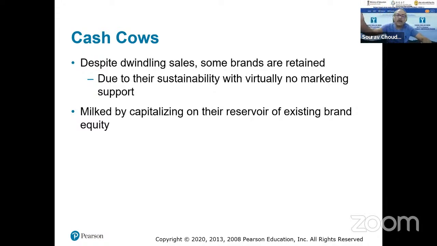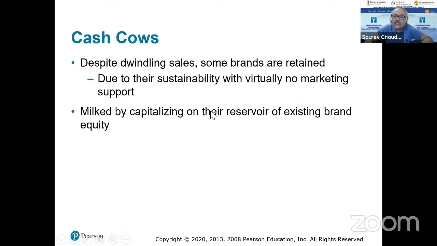It cannot grow more, but it gives a lot of profitability, which is why it is called a cash cow. That cash cow needs to be milked, by capitalizing on the existing reservoir of brand equity. Brand preference is very high. The market cannot grow further. It has lesser growth, but high profitability. That is why it is called a cash cow.